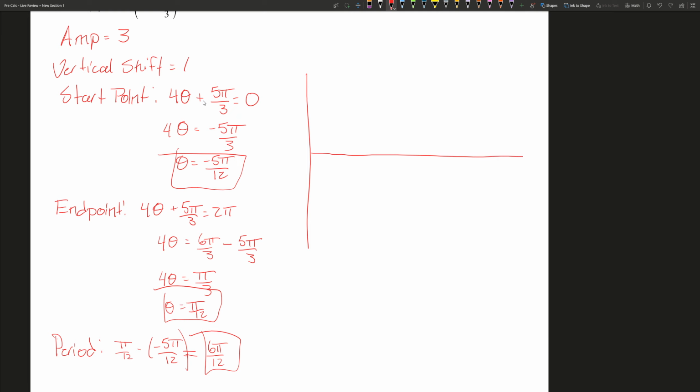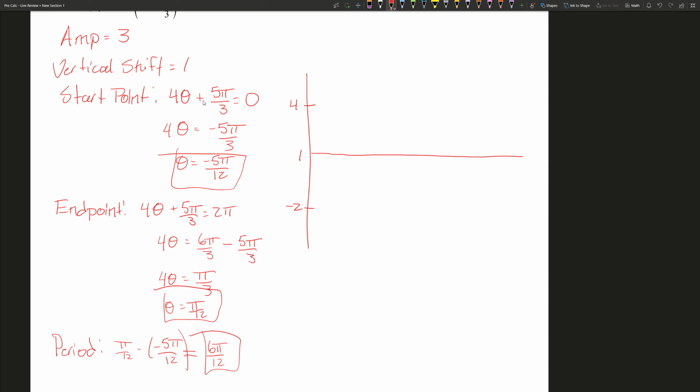Our center line is going to be 1. Our maximum is going to be 4. Our minimum is going to be -2. So our vertical shift plus our amplitude is 4. Our vertical shift minus our amplitude is -2.